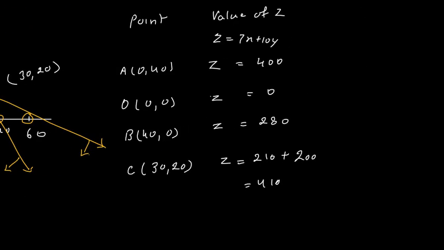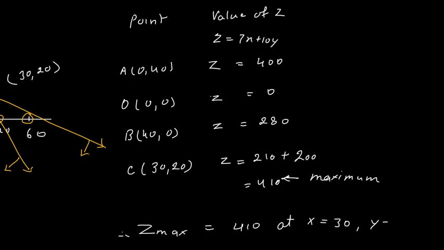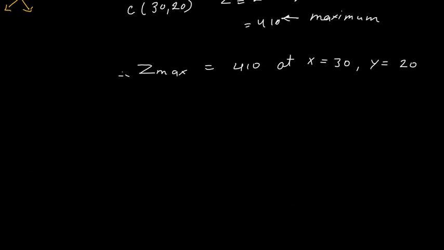This is the maximum value. So therefore our solution is z max is 410 at x is equals to 30 and y is equals to 20. So you can write in words.